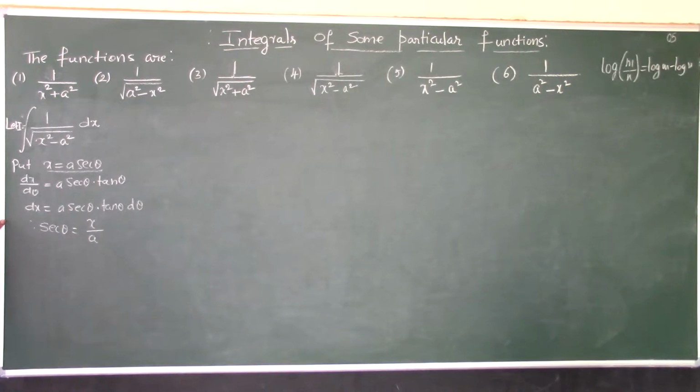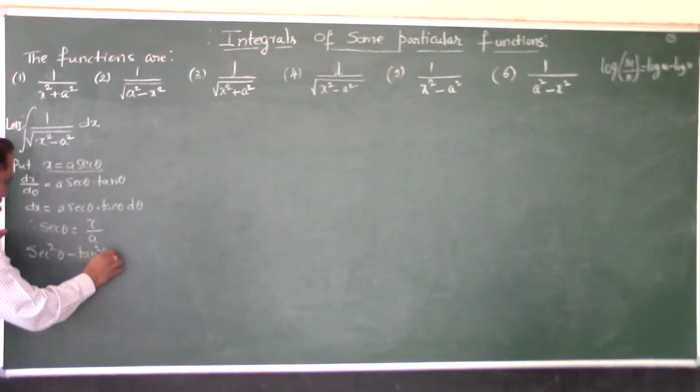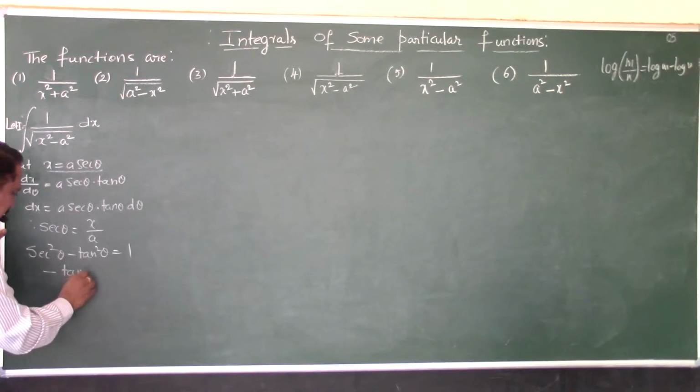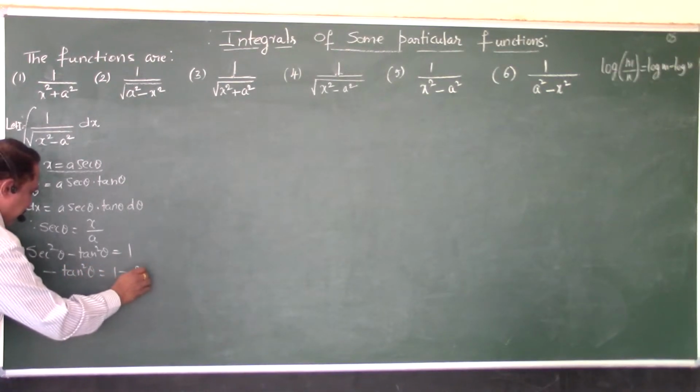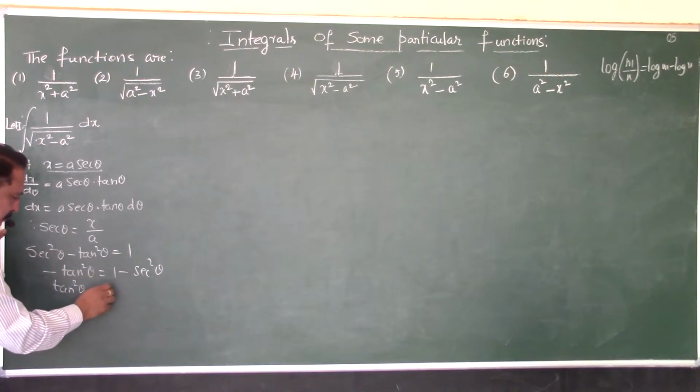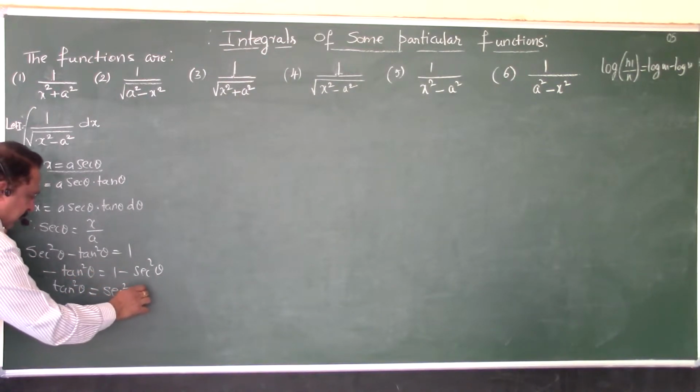And we also know one formula, that secant square theta minus tan square theta equals 1. So tan square theta is equal to secant square theta minus 1.